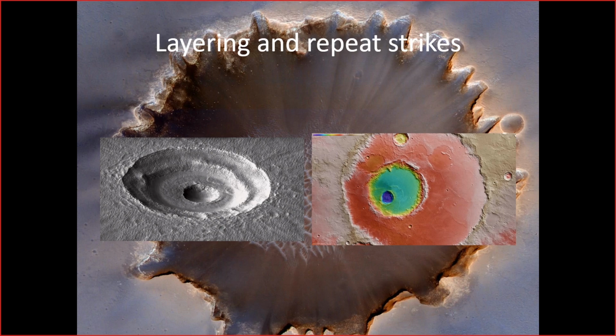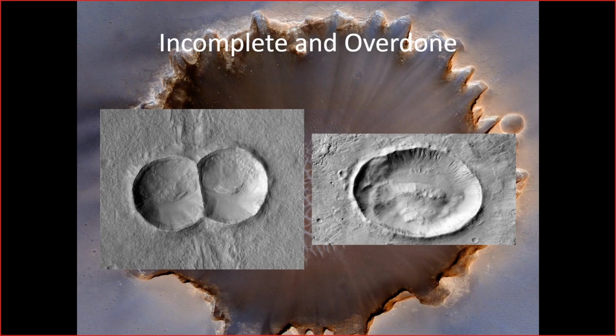But sometimes we'll see incomplete ones, which is where we see these two hits together, just two footprints really quick, boom. And they blast out material in both directions, but don't actually eat that middle line down.